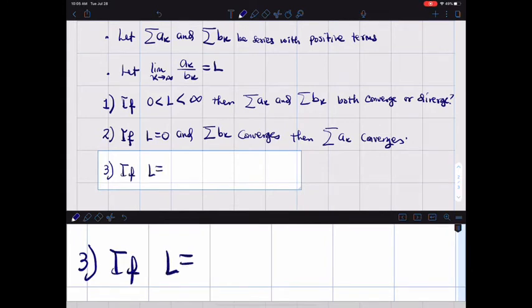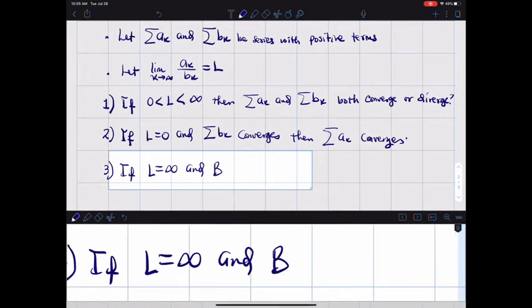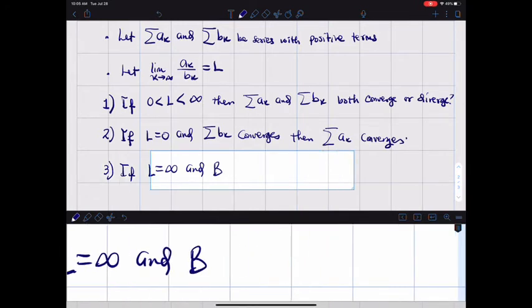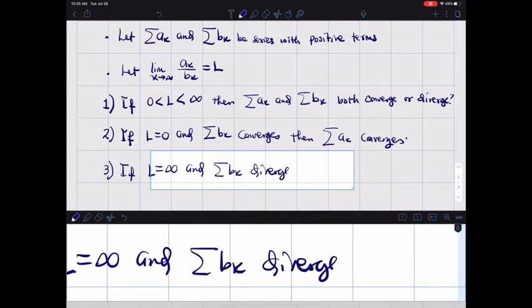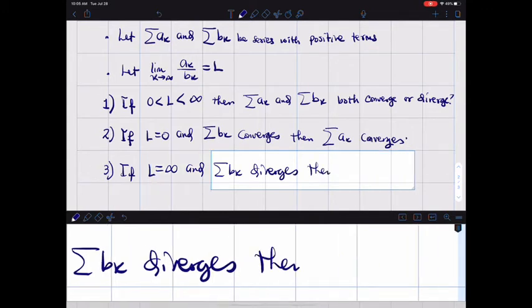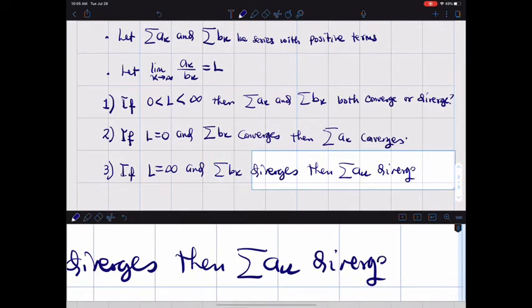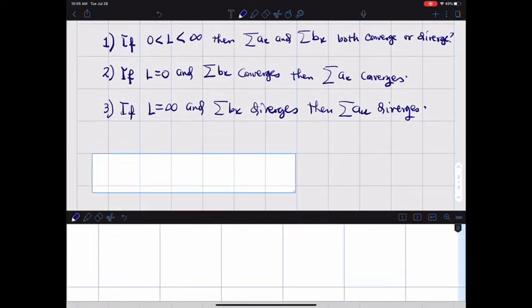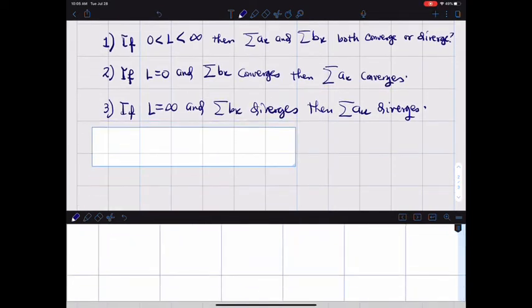If L is equal to infinity and b_k diverges, then a_k diverges. Okay. Let's do an example.